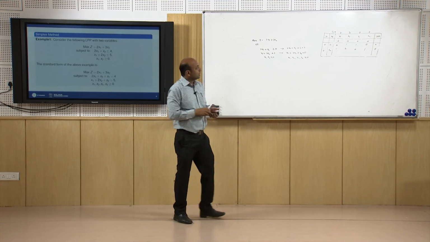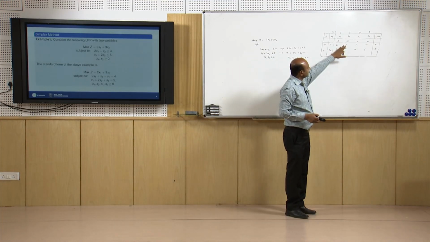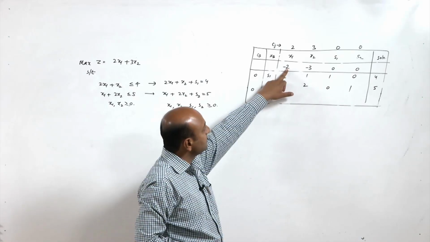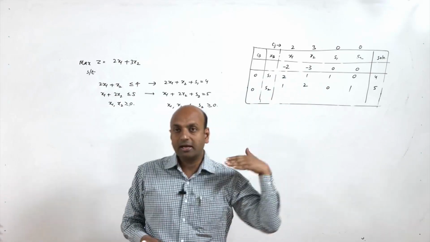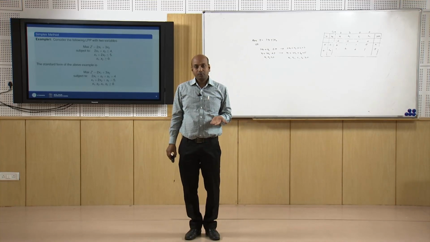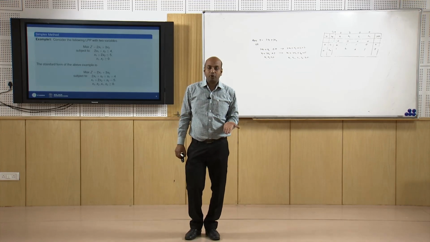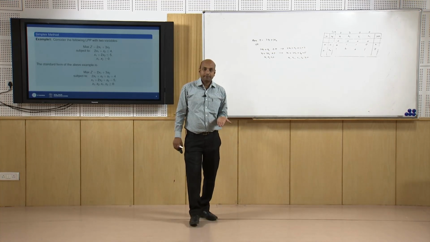So, relative profit corresponding to x1 is 2, and it means if you change the value of x1 from 0 to 1, the net increase in the value of z is 2 units.